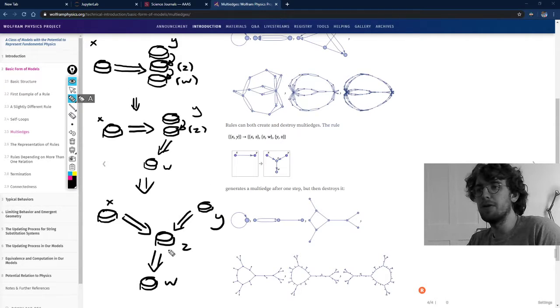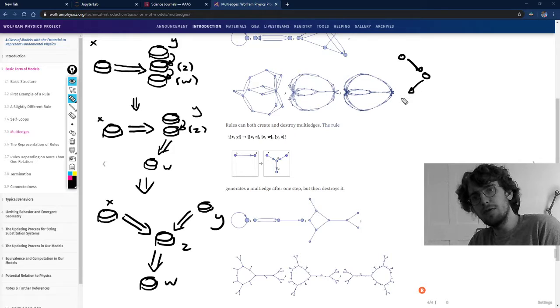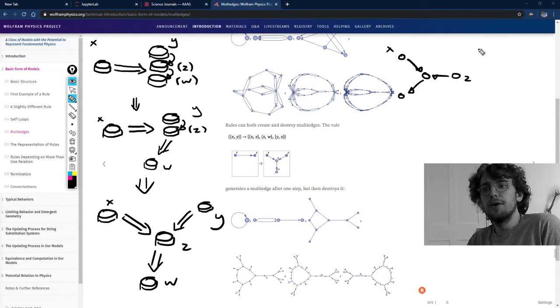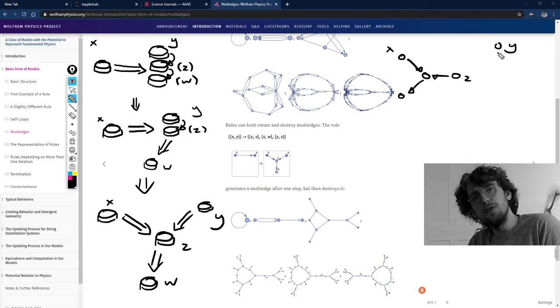So the next one by this metric still has X. It will now go to a new thing we've pulled out, which will go to the thing that we've actually pulled on, which goes to, so this is Z, this is X. I'm not going to bother labeling these new ones. Same with Y. Y now goes to a new thing we've pulled out, which goes to the thing that we were pulling on.